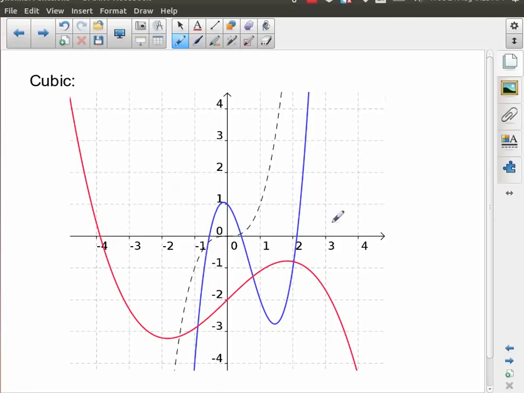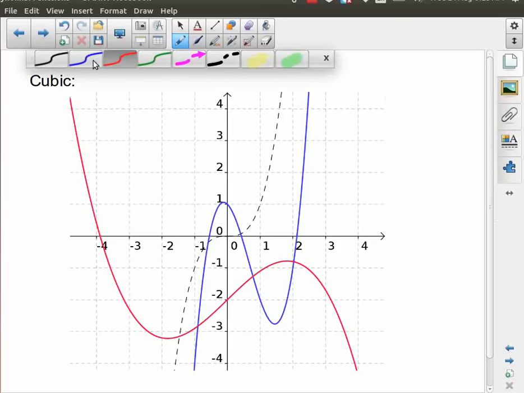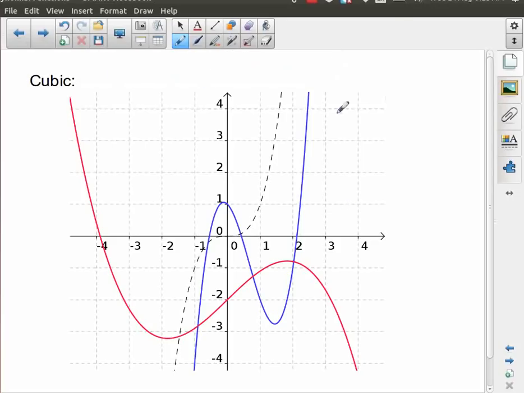But there are a couple of other things you might take note of here with the cubic, and the most obvious one I want to point out to you, so this one's order 3. Notice that the cubic, both in the parent function and with these transformed functions, goes up to infinity on one side and down to -infinity. This other one has been transformed, it's been reflected, but this one's going up to infinity on the left side and down to -infinity on the right.